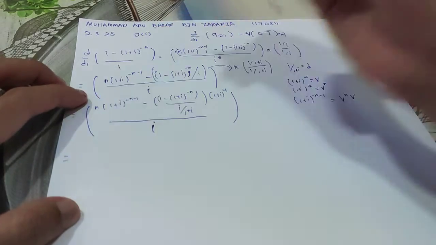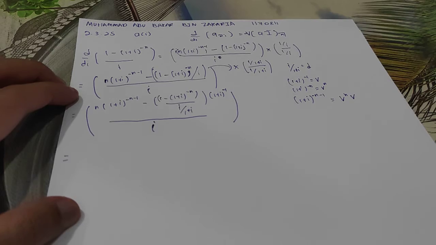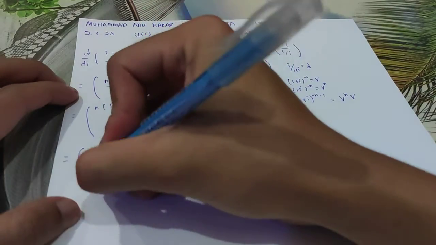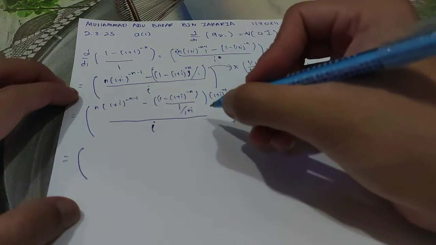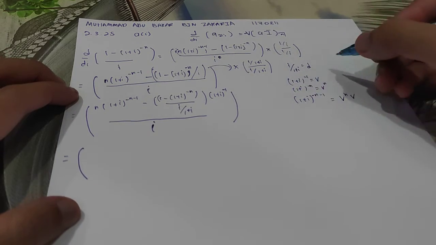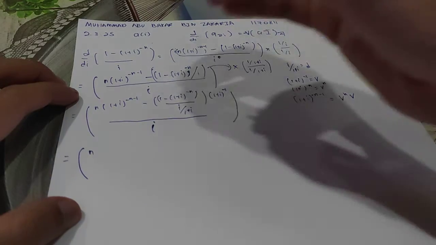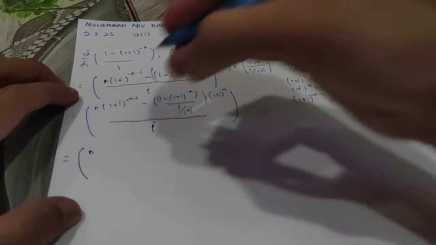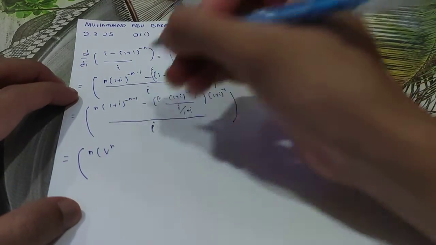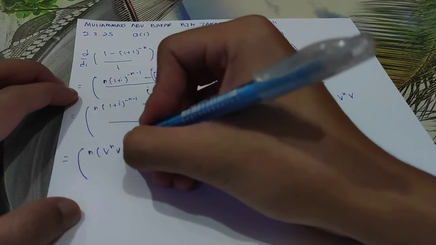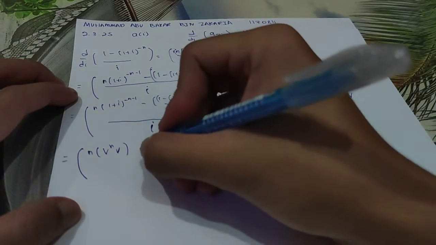So we change this equation according to these statements, and it becomes v to the n multiplied by v.